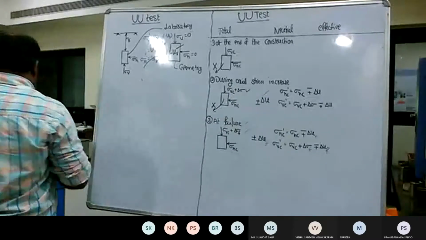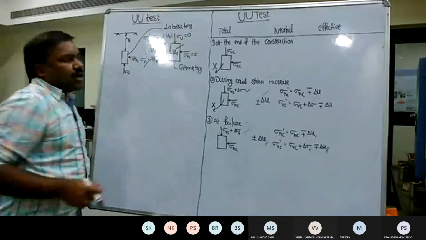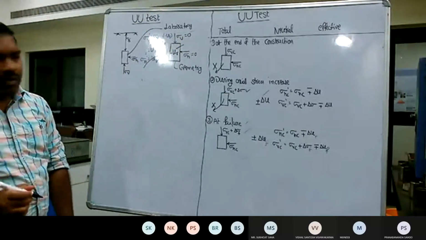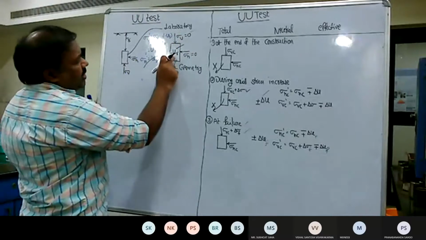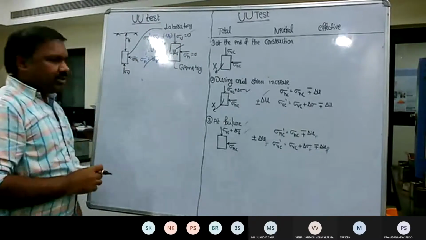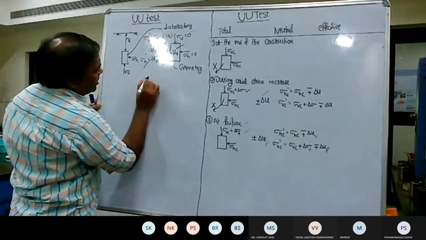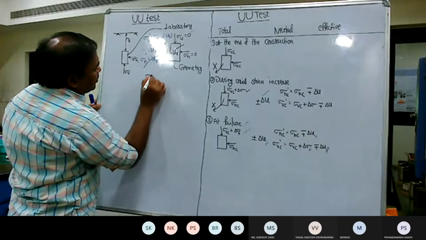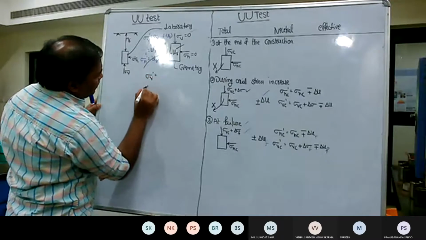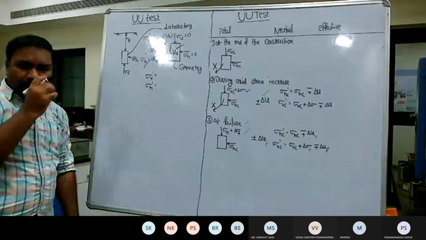Okay. So now let us take the UU condition. So the sample has been brought to the laboratory, and there the sample is withstood because of the negative pore water pressure. Now suppose I ask to determine or draw the stresses in the form of the effective sigma V dash and sigma H dash, then how do you write it?